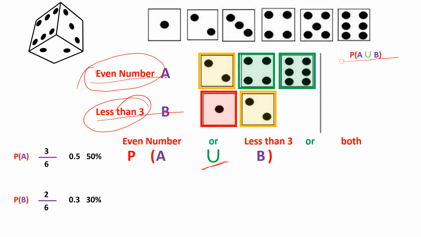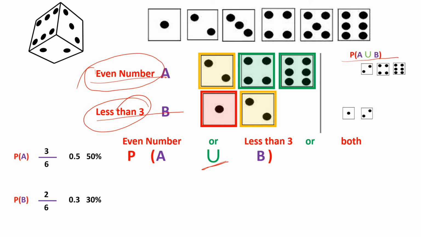So probability of A union B can be found like this. Let's have all the favorable outcomes for probability of A, and then let's have the same for probability of B, and let's combine both of these two. Before that, of course, we need to figure out what the duplicate values are. So these are the duplicate values.